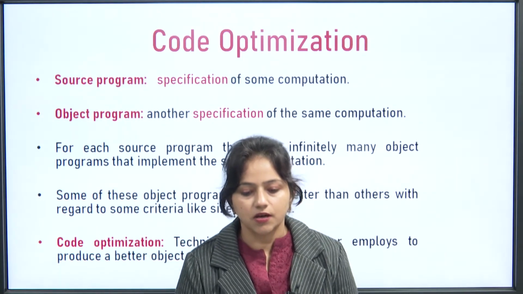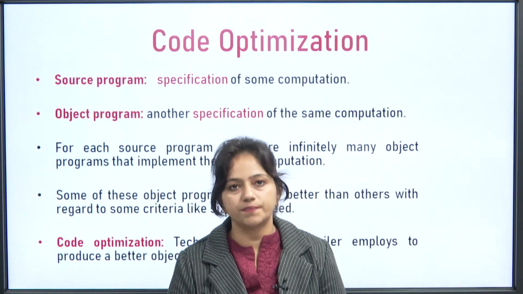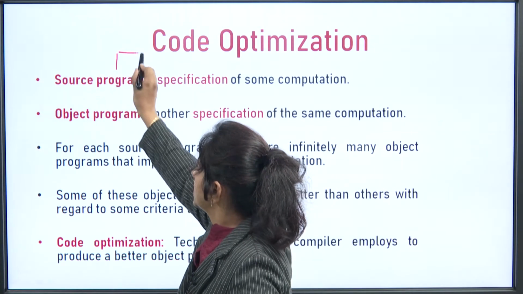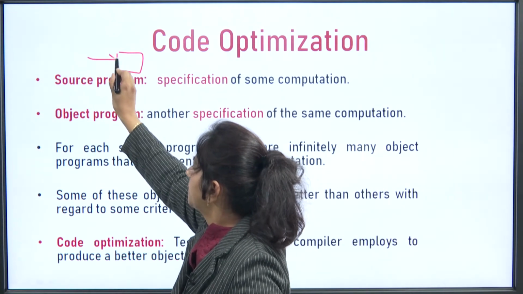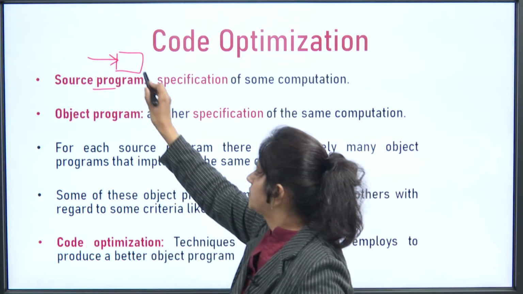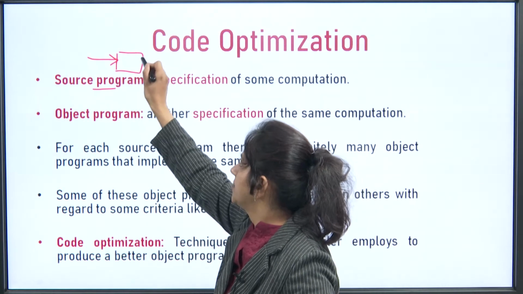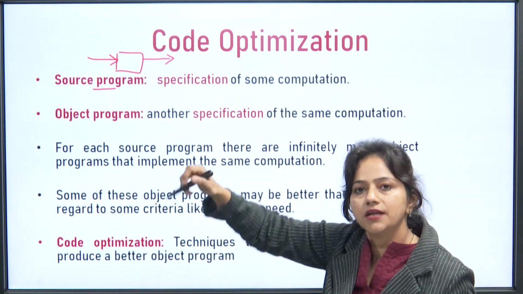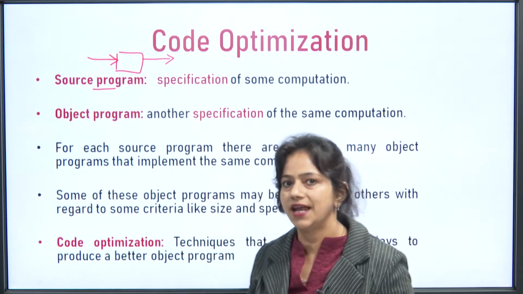So, next is what is actually code optimization. We already know that we are using a compiler, and the input to the compiler is a source program. The compiler translates the source program written in a high level language into object code that could be written in assembly language or machine level language code.